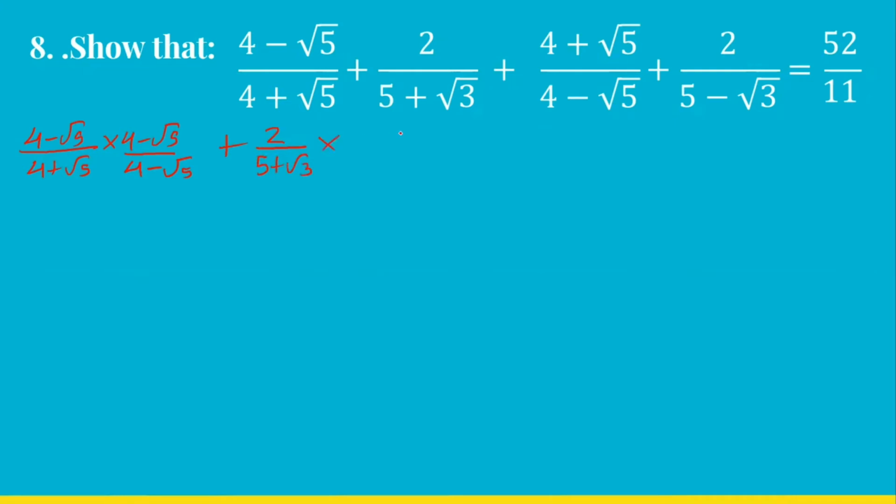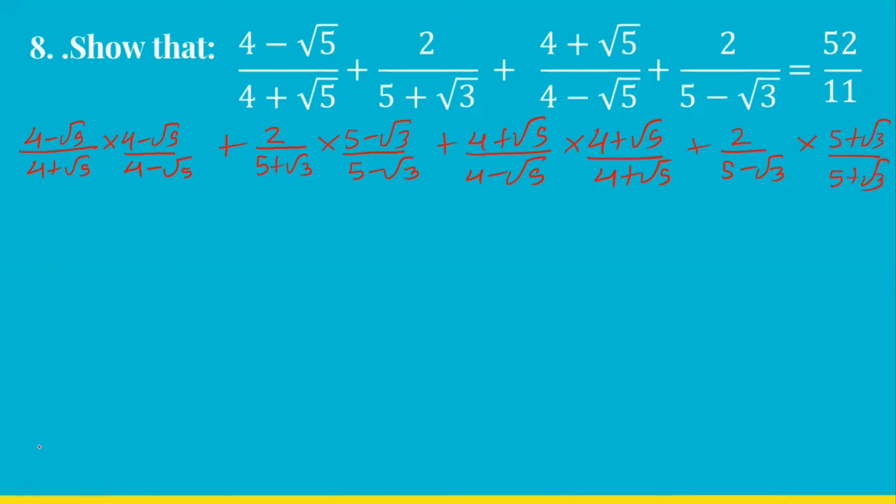So rationalizing factor here is 5 minus root 3 upon 5 minus root 3, plus again 4 plus root 5 upon 4 minus root 5. Rationalizing factor of this is 4 plus root 5 upon 4 plus root 5, and plus 2 upon 5 minus root 3. The rationalizing factor is 5 plus root 3 upon 5 plus root 3, right?